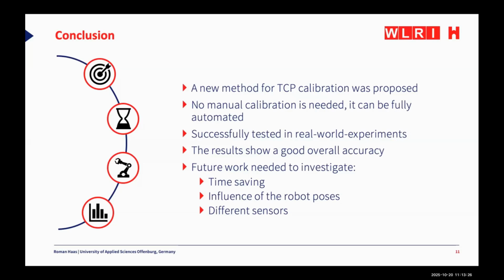Also, the poses that the robot uses for determination of the rotation matrix can be investigated, to see if different robot poses give a better accuracy. Also, the time saving should be investigated in the future, in relation to the standard method.